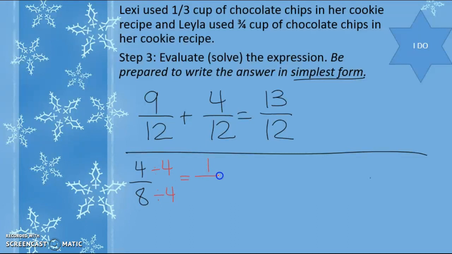And so 4/8 in the simplest terms is 1/2. 3/6 in the simplest terms is 1/2. 4/12 in its simplest terms is 1/3. Does that make sense? 13/12 is already in its simplest form.